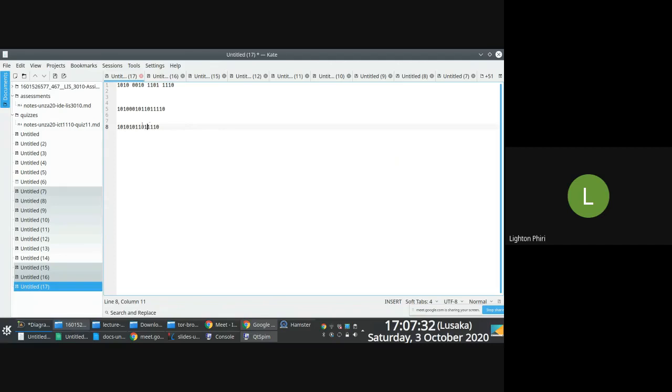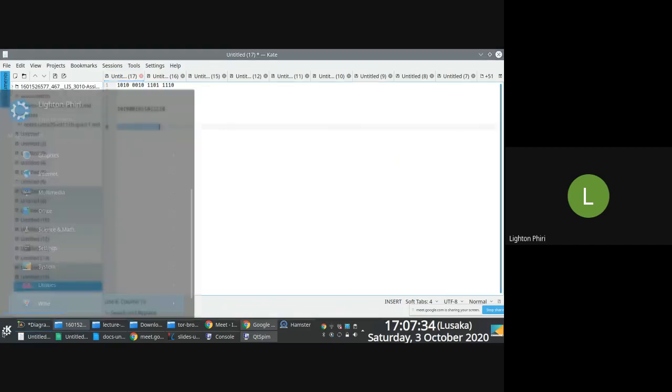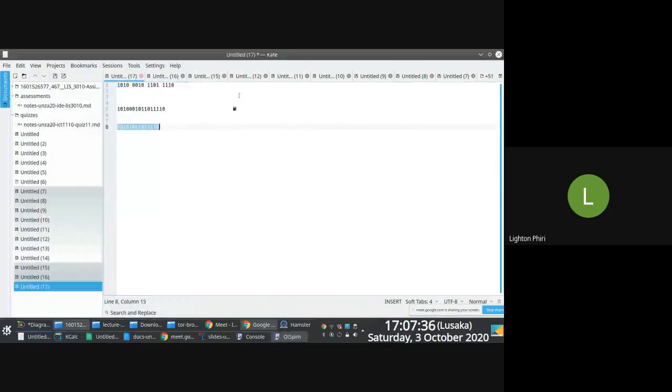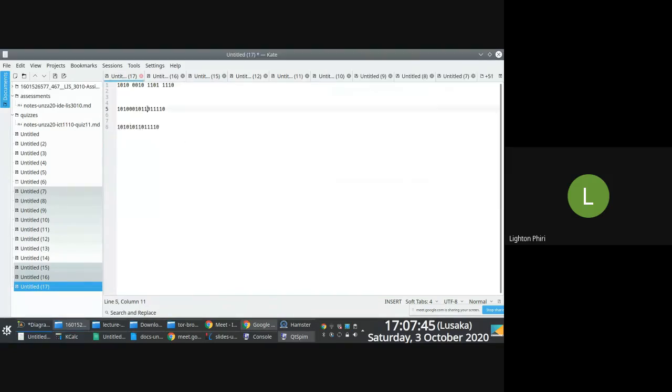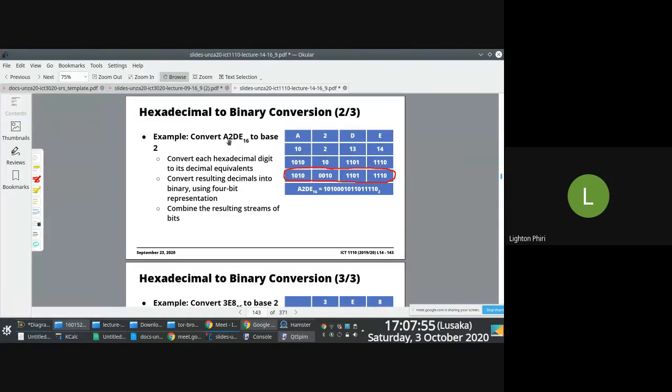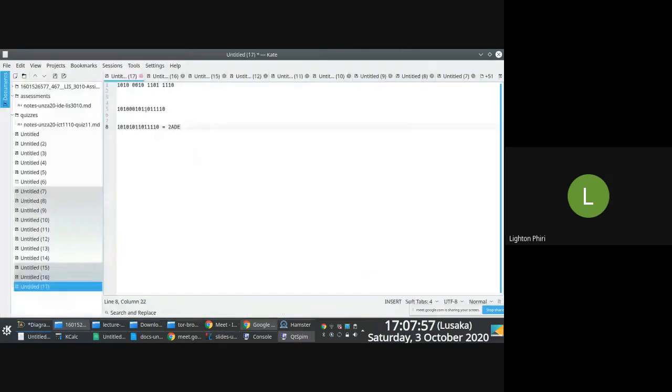If you use your calculator and convert this from binary to hexadecimal, you will realize that the answer you will get is going to be different. It's 2ADE, right? When in actual fact, the answer is supposed to be A2DE, right? This is A2DE, but what we got when we did not prefix with the zeros was 2ADE, right?